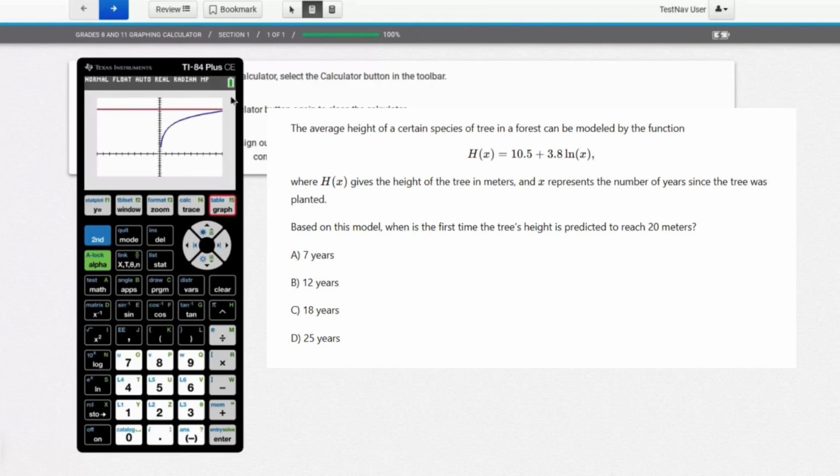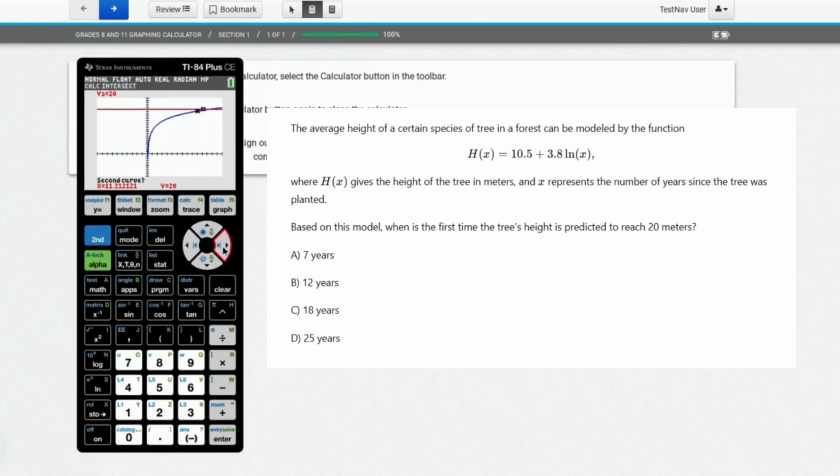Now let's make our x max 15, and I think we'll be safe. All right, so right around there. Let's find out where they intersect by hitting second calc, hit 5 for intersect. Let's get close to it. Go just to the left of where they intersect, hit enter.